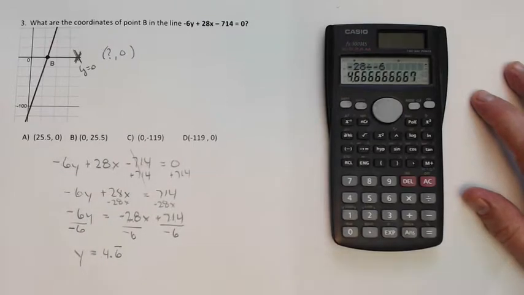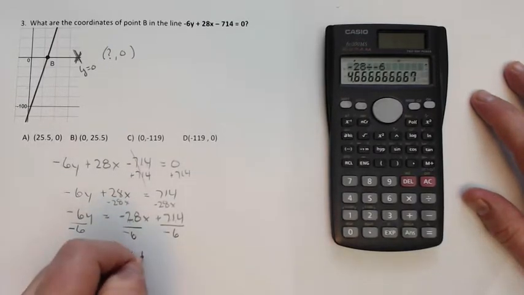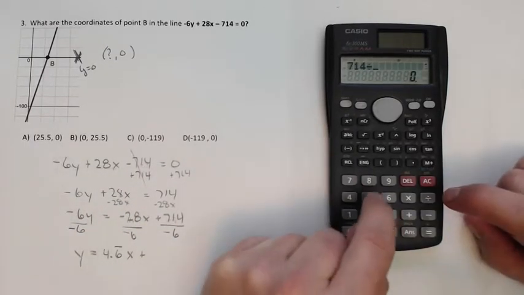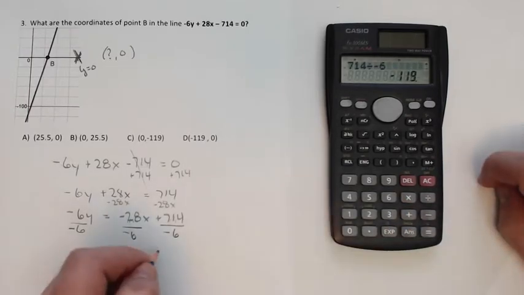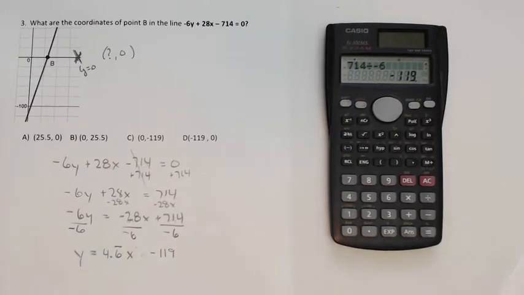Please keep that repeating decimal. Don't forget your x plus 714 divided by -6, which gives me -119. So plus -119, and we can leave our equation just like that.